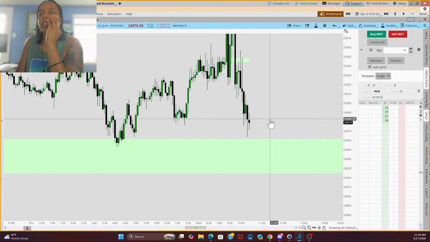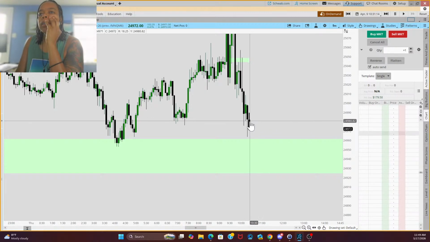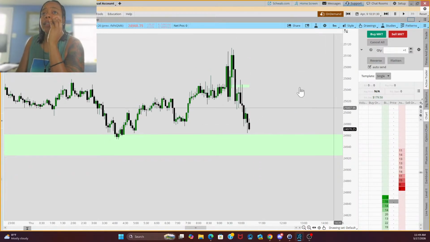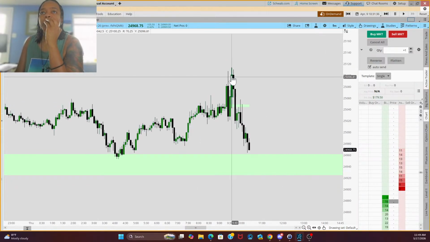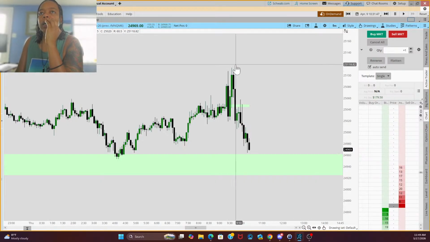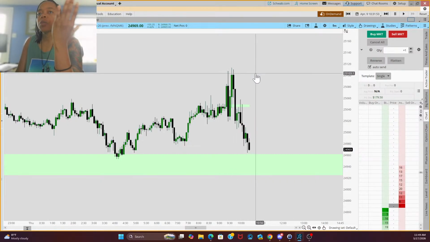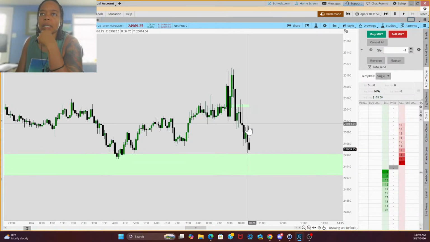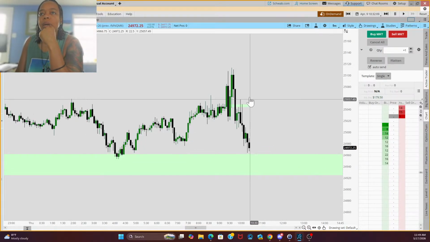Continuation short, depending on how that closes. We're creating a volume imbalance and then stop up here. Again, I don't like that. I like my stops in areas where we've got a lower low, higher high, lower low, stop above that. That's protected. That's just an order block, and I don't like that. Technically, my stop would have to be up here.